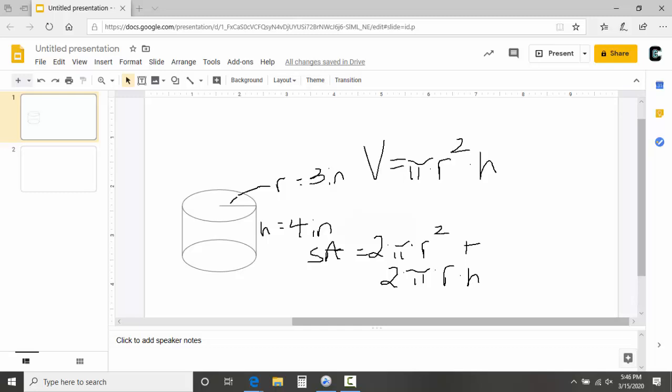So our equation now would look like this. The surface area equals 2 times pi times the radius times the quantity of the radius plus the height. That's actually pretty good. That's what happens after we greatest common factor out the 2, the pi, and the radius.